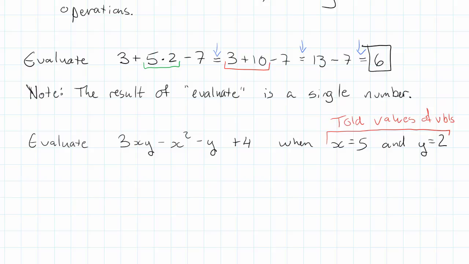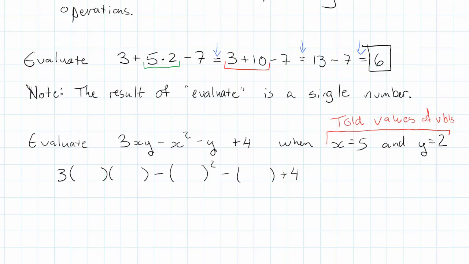That means that everywhere we see an x, we should write a 5, and everywhere we see a y, we should write a 2. One way you can get into the practice of substituting into expressions in this way is first copy the expression and just put a set of parentheses with space inside it everywhere you see a variable.